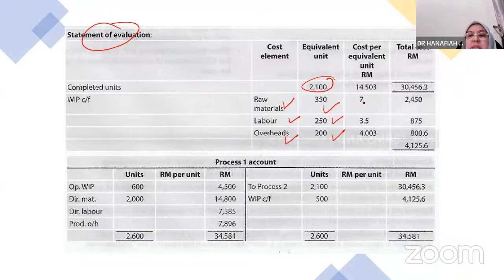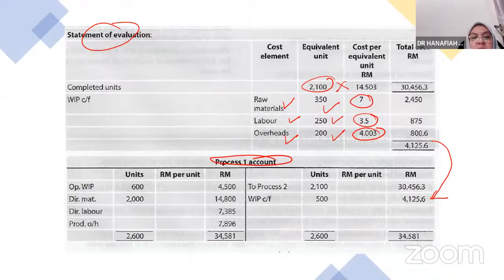The same concept based on the cost for raw material, for labor, and for overhead. Only for completed unit, you just times the total cost per unit. So you will have this, and this can be written down in your process account.